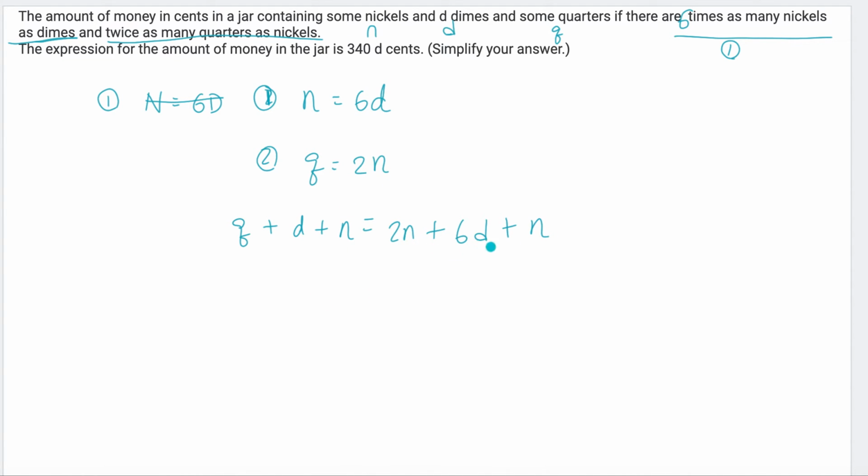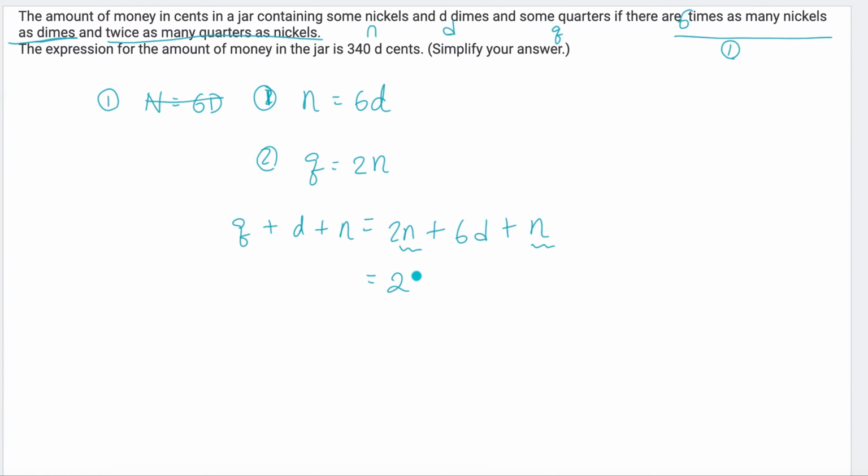But we want to have only one variable. We also know that n is 6d, so can we change all of these to the d term instead of the n term, and a mix of n and d terms? Yes, we can, right? So we can substitute n with 6d.